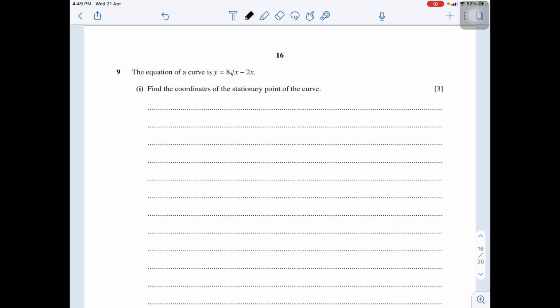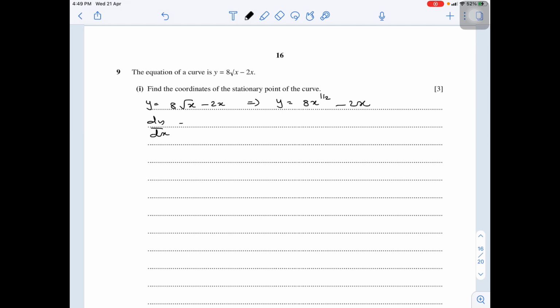Question number 9. The equation of a curve is y equals 8 root x minus 2x. Find the coordinates of the stationary point of the curve. So I'm writing y is 8 root x minus 2x.